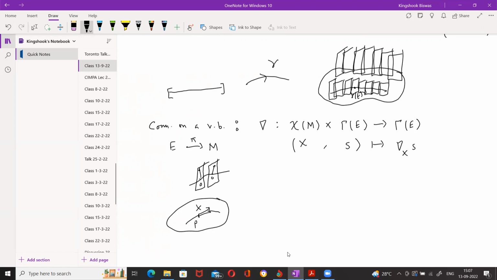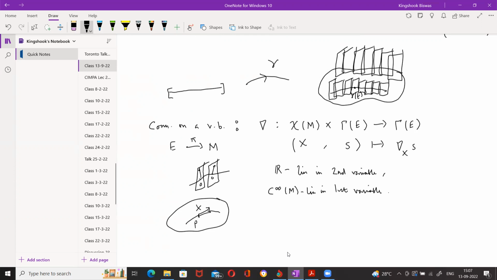It is bilinear over the scalars: R-linear in the second variable, and C infinity of M linear in the first variable, like our connection on the tangent bundle.